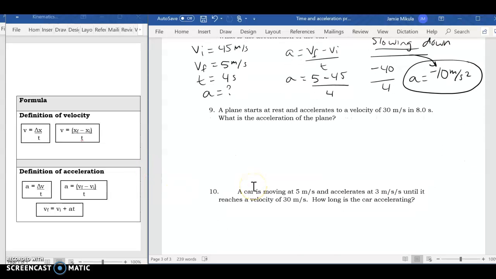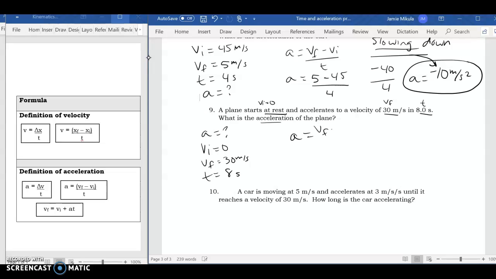Okay, and number 9. A plane starts at rest, so that's going to have an initial velocity of 0. It accelerates to a velocity of 30, VF, in 8 seconds. That's time. What is the acceleration? So A equals question mark, VI equals 0, VF equals 30, and T equals 8.